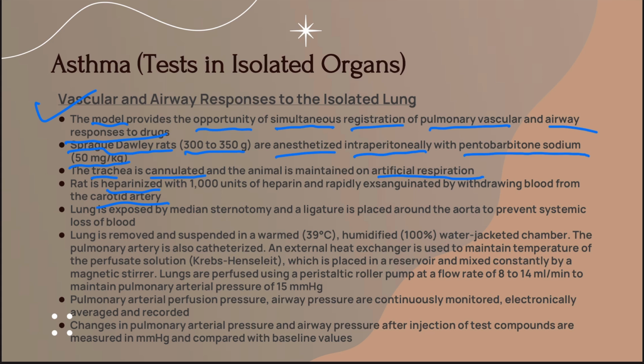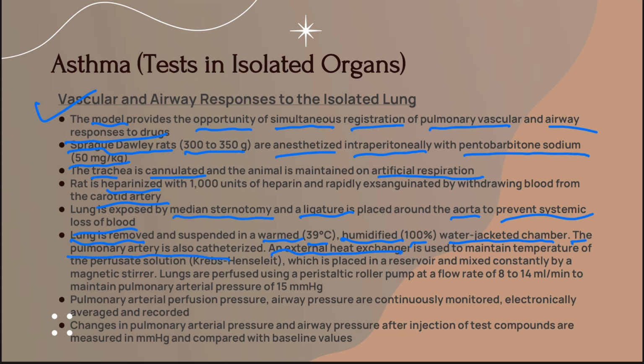Then the lung is exposed by a median sternotomy incision and a ligature is placed around the aorta to prevent the systemic loss of blood. Then the lung is removed and suspended in a warmed, 39 degrees Celsius, humidified, 100%, water-jacketed chamber, and the pulmonary artery is also catheterized.